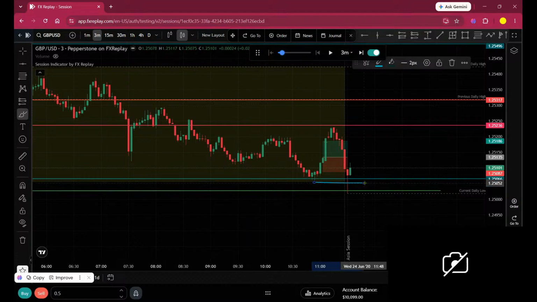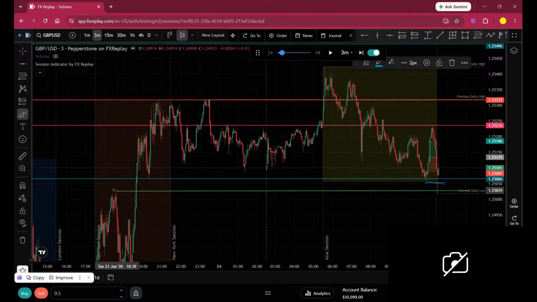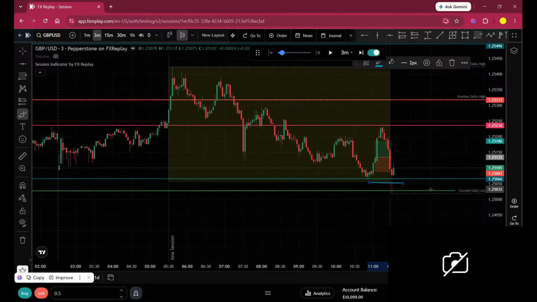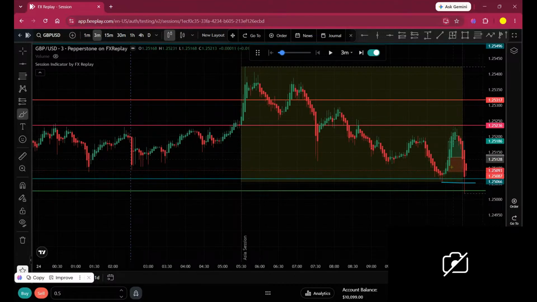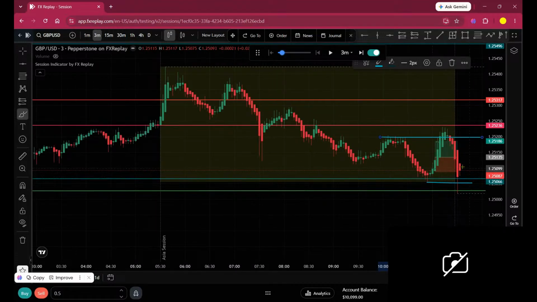Here we have swept this liquidity, and this is a support also, right? This is a support, here it took a hit, and now I can wait for the bullish candle, and if it forms a bullish candle and the change of character is also bullish, right?